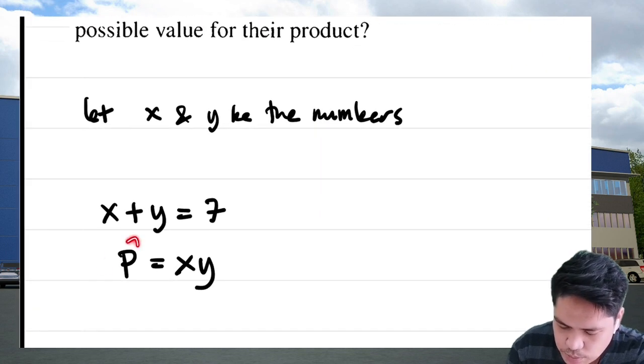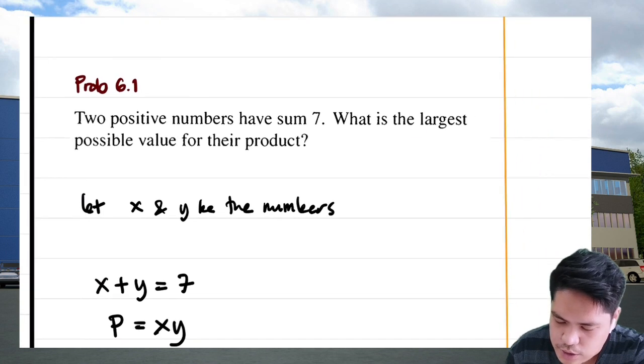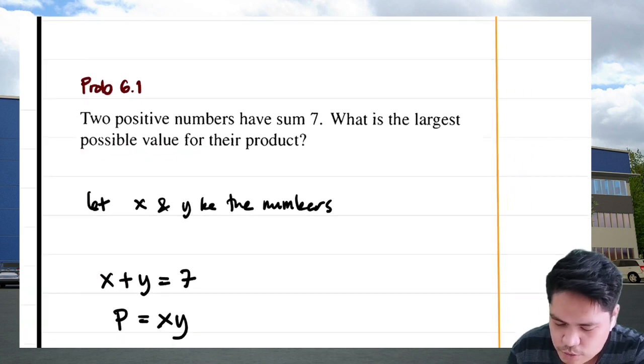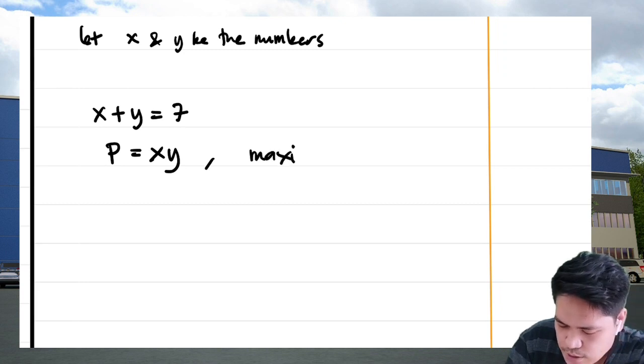So this product will be the function that we need to maximize because we need the largest possible value of the product. So that means we need to maximize p.